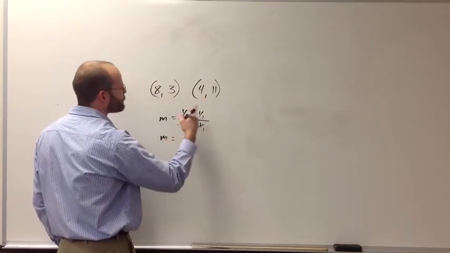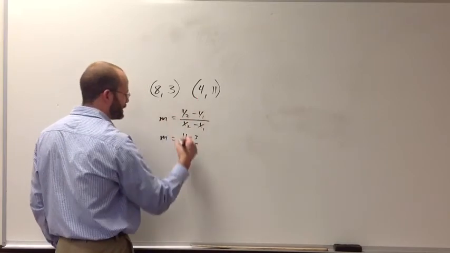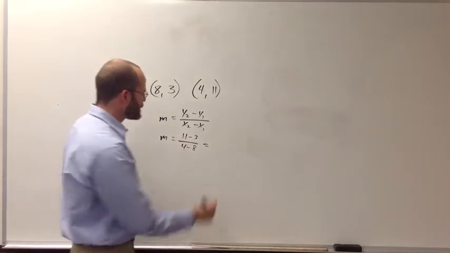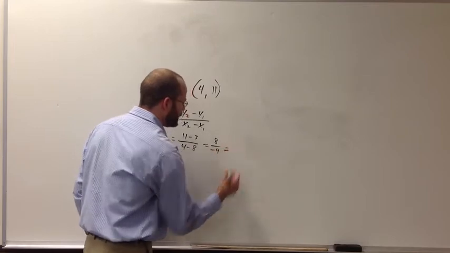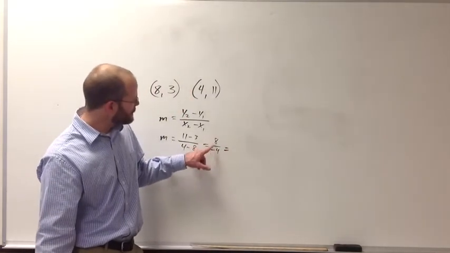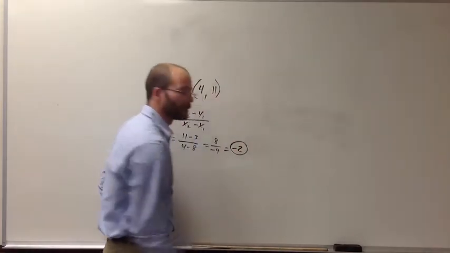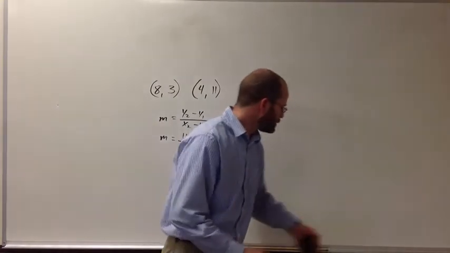Slope equals 11 minus 3 divided by 4 minus 8. We need to simplify this a little bit. 11 minus 3 is 8, and 4 minus 8 is negative 4. And so you can see we end up with 8 divided by negative 4, which equals negative 2. And that is my slope. So that's how we calculate slope algebraically.